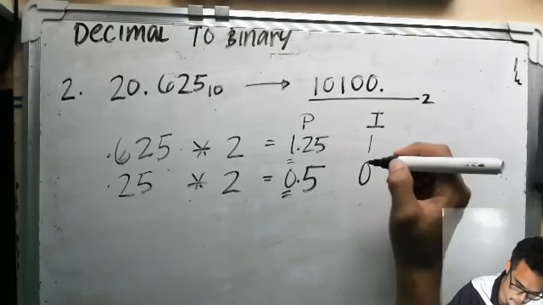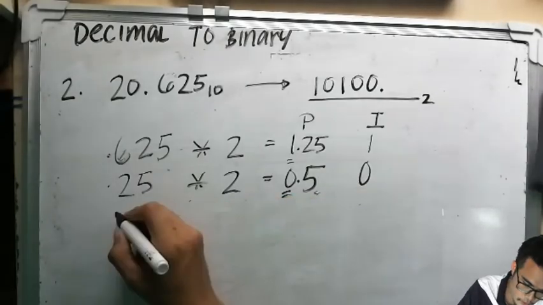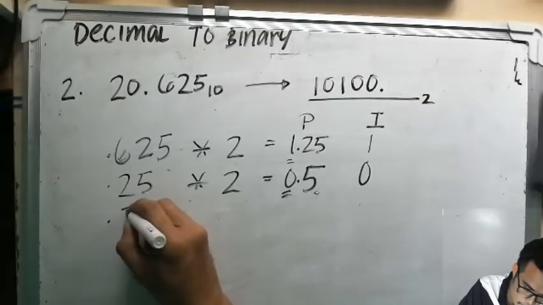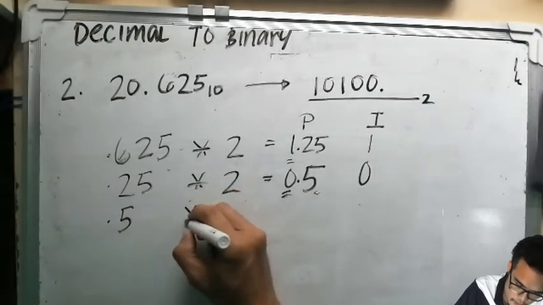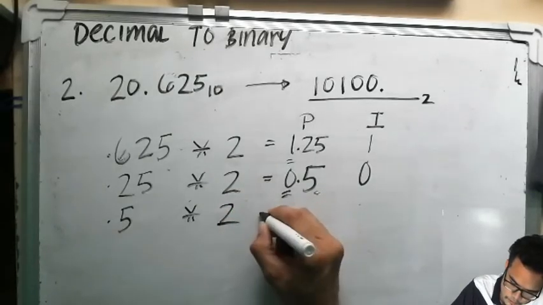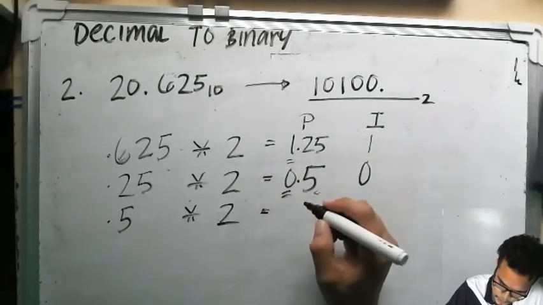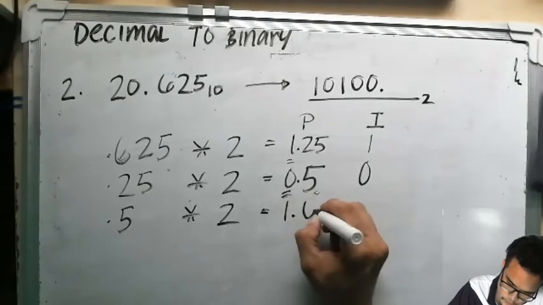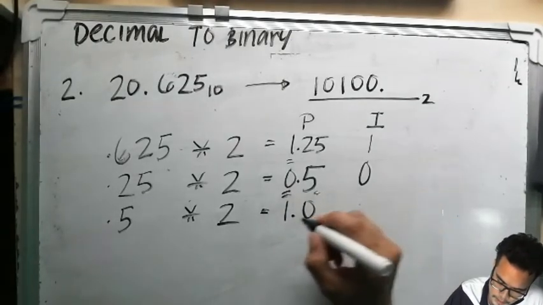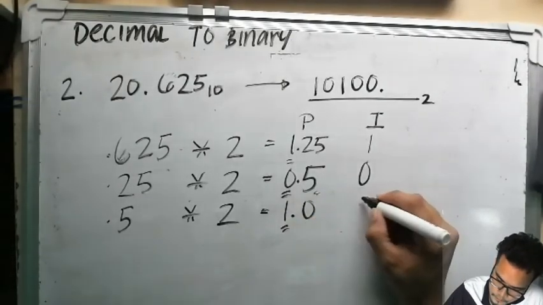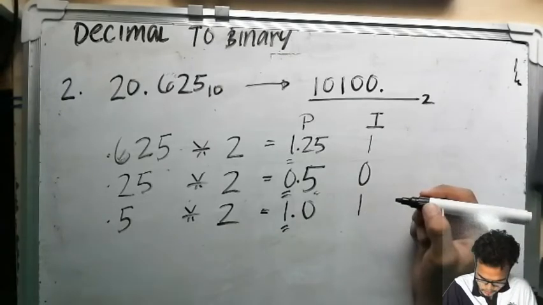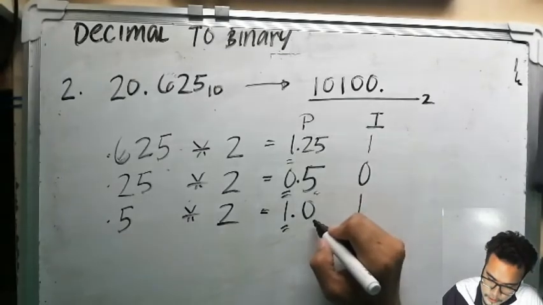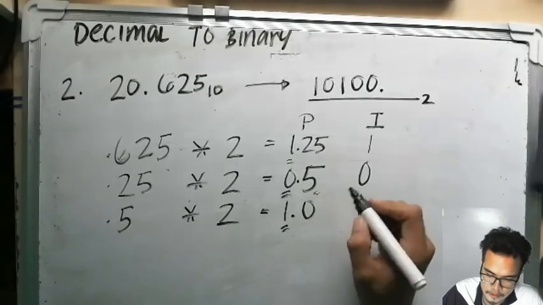Next, get the fractional part and continue the iteration, times 2. So 0.5 times 2 is equal to 1.0. Get the integral part, 1. Since the fractional part is 0, stop the iteration.